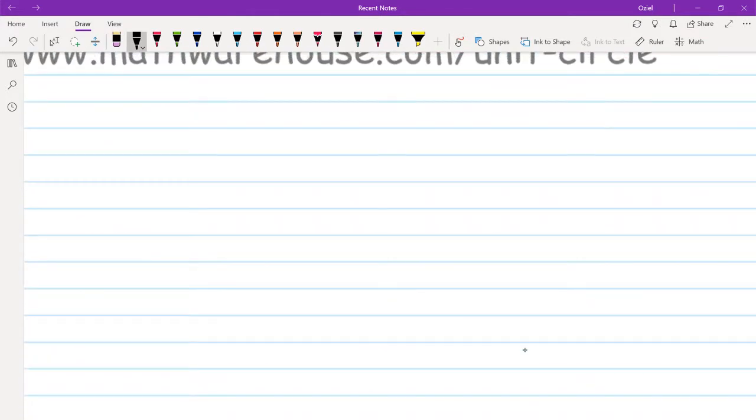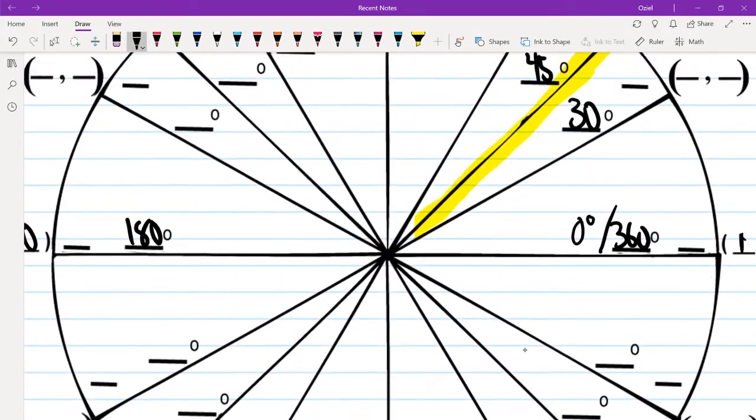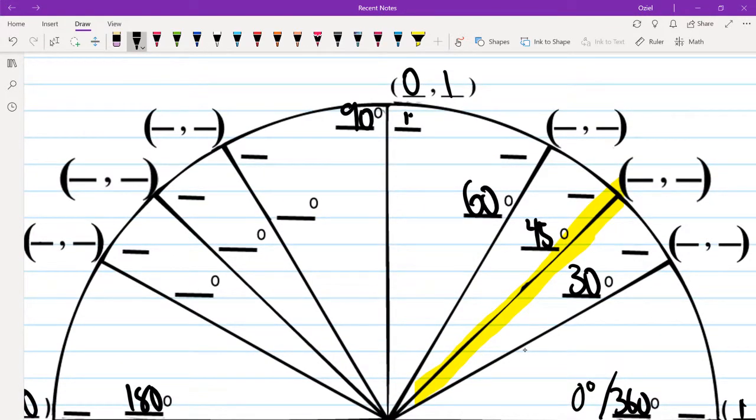So for example, if you have 90 degrees times pi over 180, you would get 90 pi over 180, and you would cross those out and get 9 pi over 18, which equals pi over 2. So this one would be pi over 2.